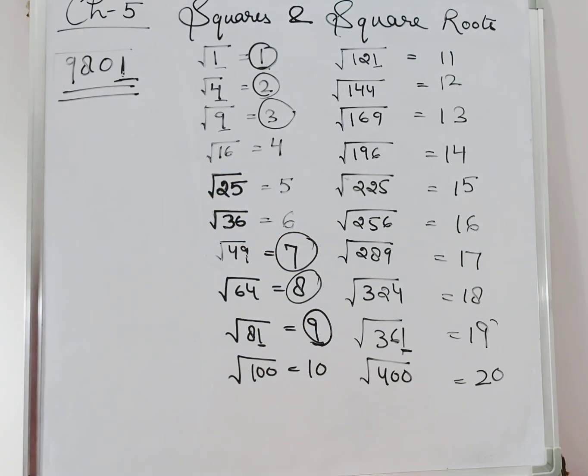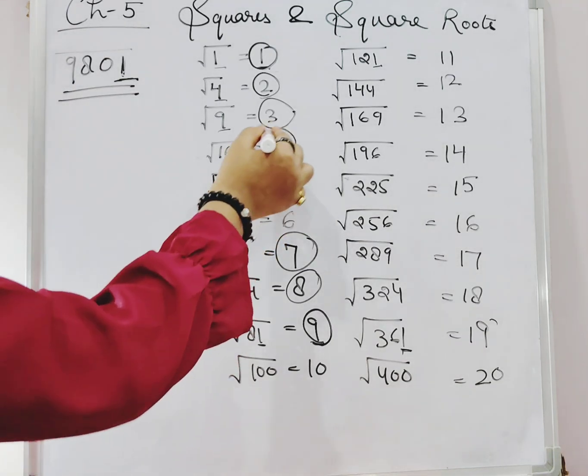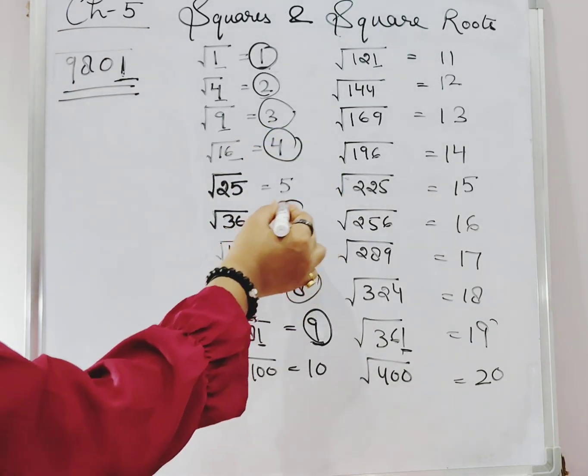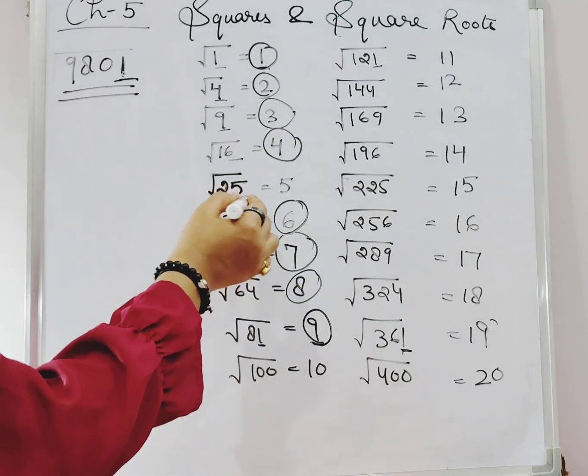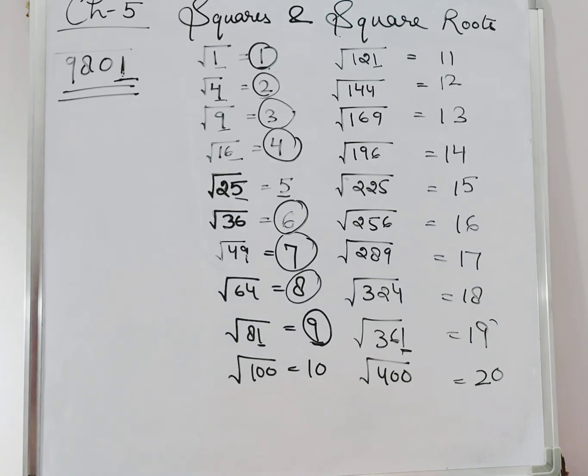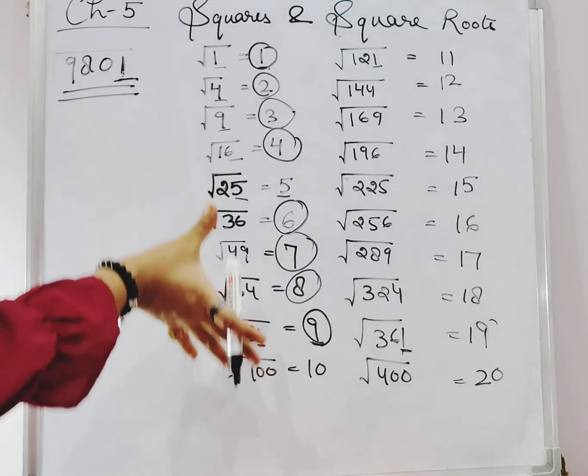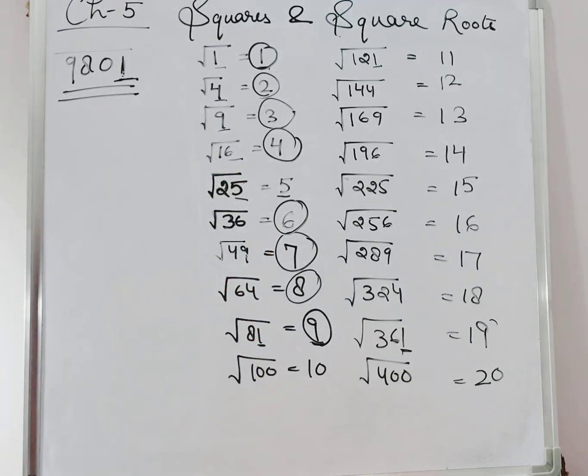If that number ends with 6, your ones digit will be either 4 or 6. And for 5, definitely it will be only 5. Getting it? It is just like that.